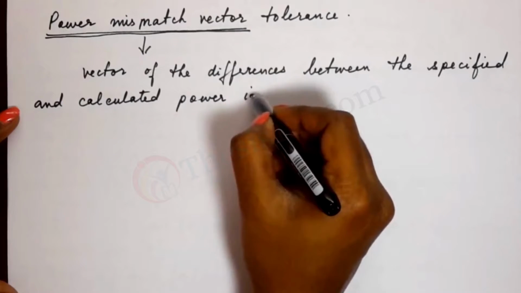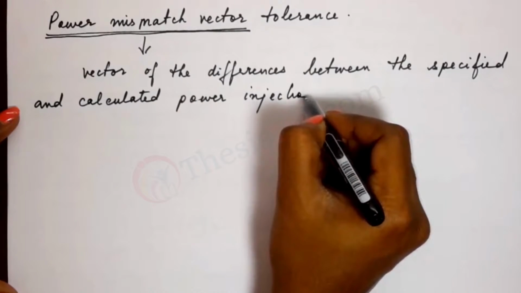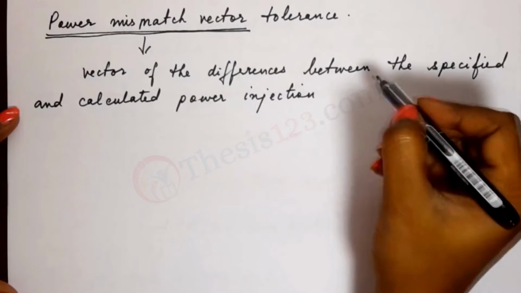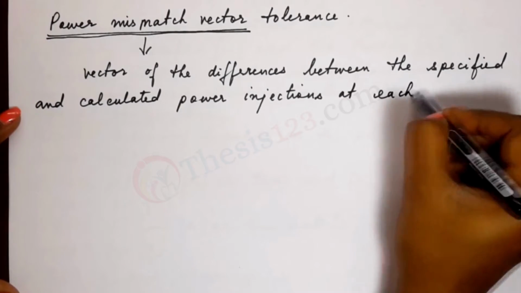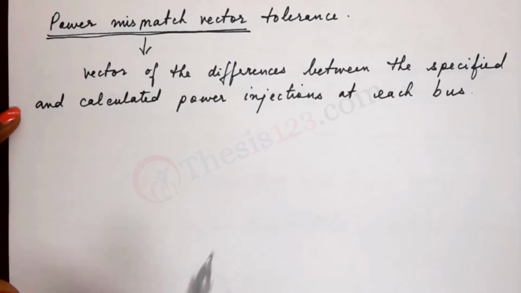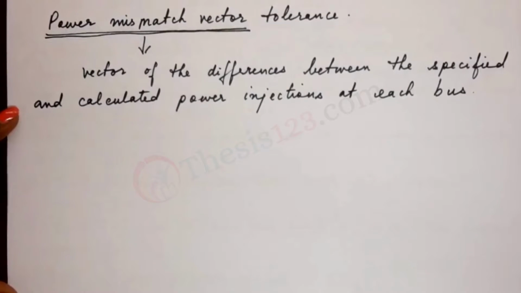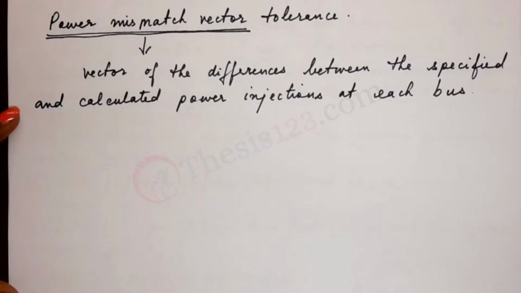These are actually power injections. Specified and calculated power injections at each bus. So power mismatch vector is the vector of the differences between the specified and calculated power injections at each bus.